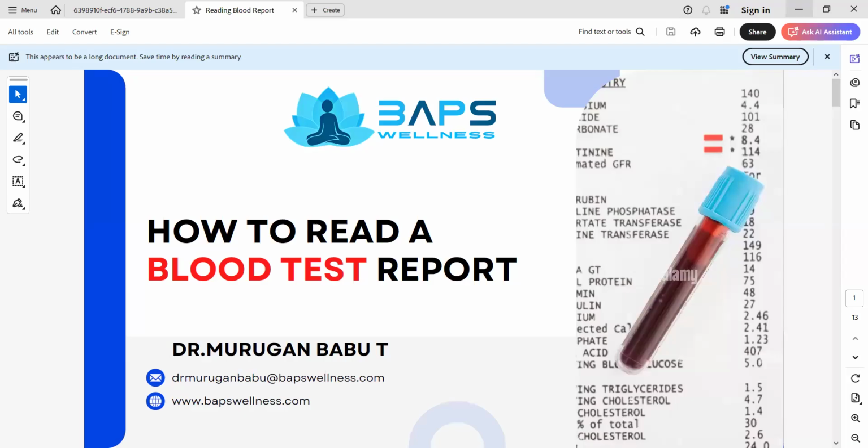So today we are going to see how to read the blood test reports. Blood tests are a very important, inevitable, common tool for diagnosis.